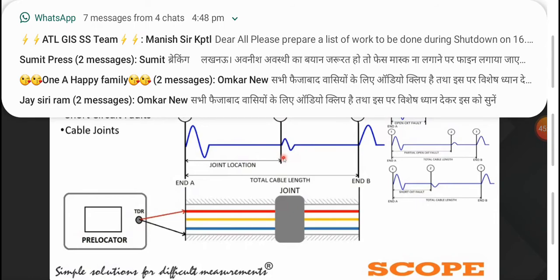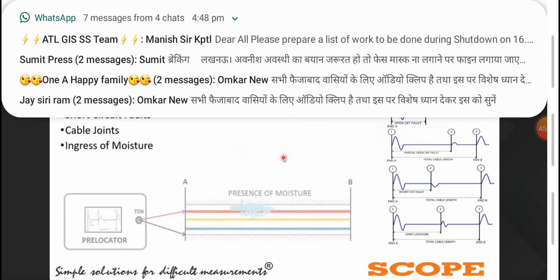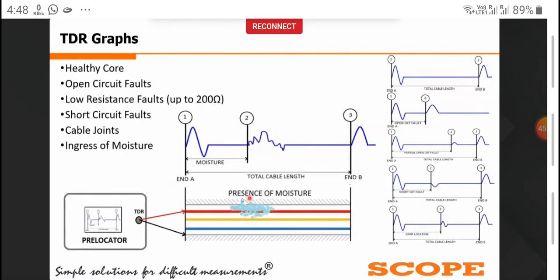Okay. The next type of fault is moisture ingress. In this graph, we can also determine the moisture affected area in the cable. Due to the presence of moisture in the core of the cable, the TDR energy is disturbed at the moisture affected area, and because moisture has a varying impedance nature, we get a disturbed waveform as shown in the picture.